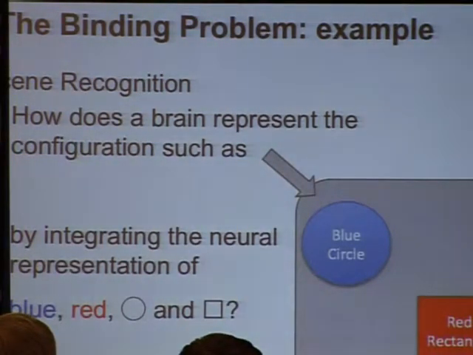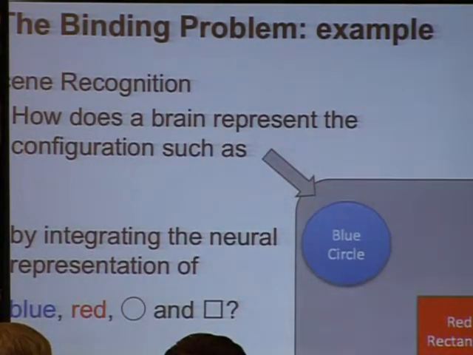Okay, now I introduce a typical example of the binding problem in scene recognition. The question is, how does the brain represent a configuration such as this? Here, if you take only one figure like this, a blue circle, there may not be a problem.